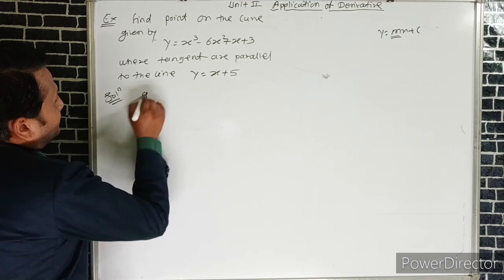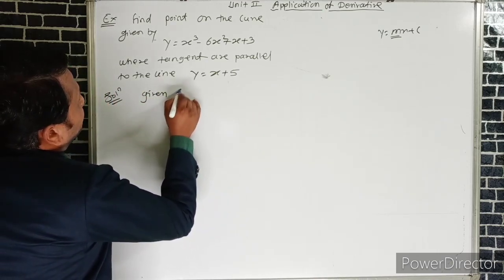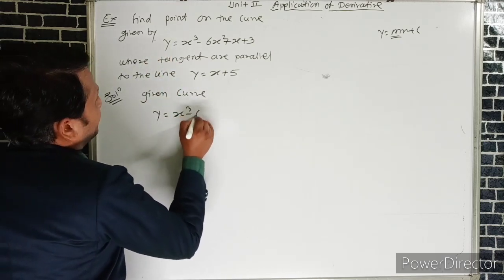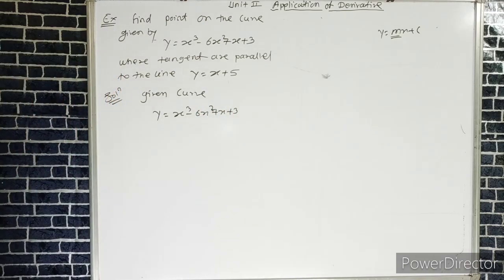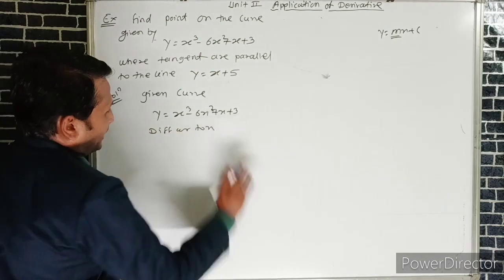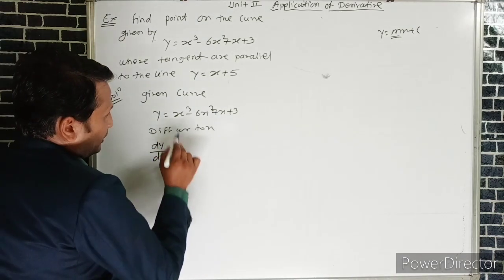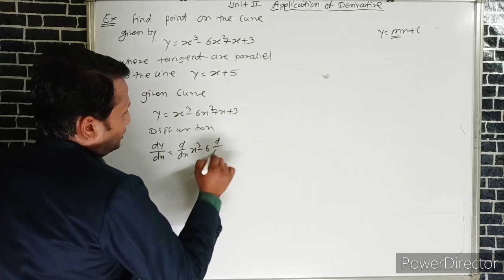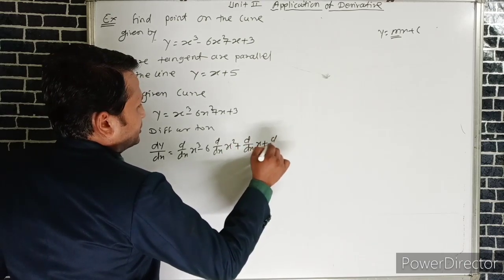So first we take the given curve y is equal to x cube minus 6x square plus x plus 3. If we differentiate with respect to x, then dy upon dx is equal to the derivative of x cube minus 6 into the derivative of x square plus the derivative of x plus the derivative of 3.